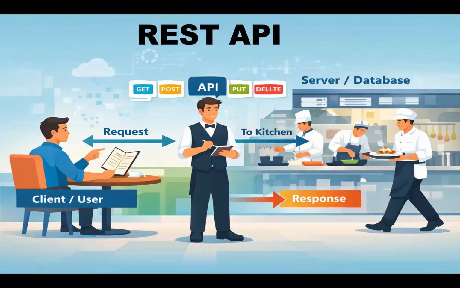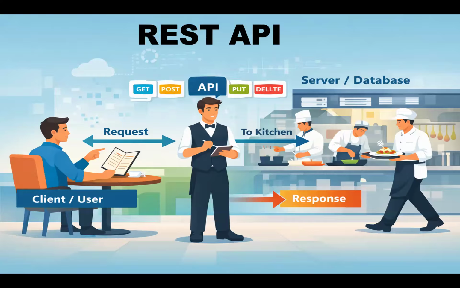So one thing you understood based on this picture: what is an API? API is an application. API is one program which is going to play a role between client and server.